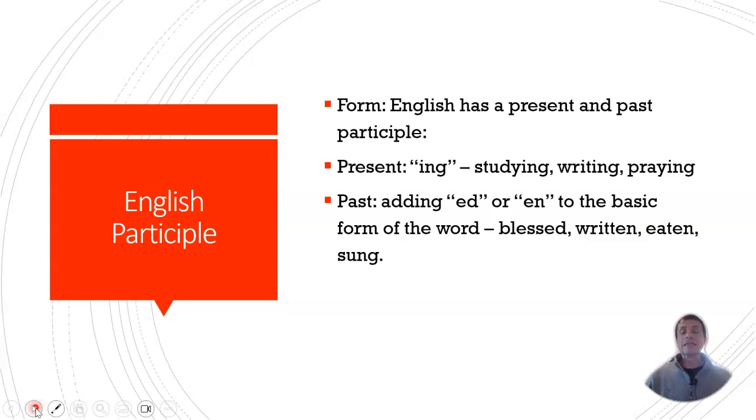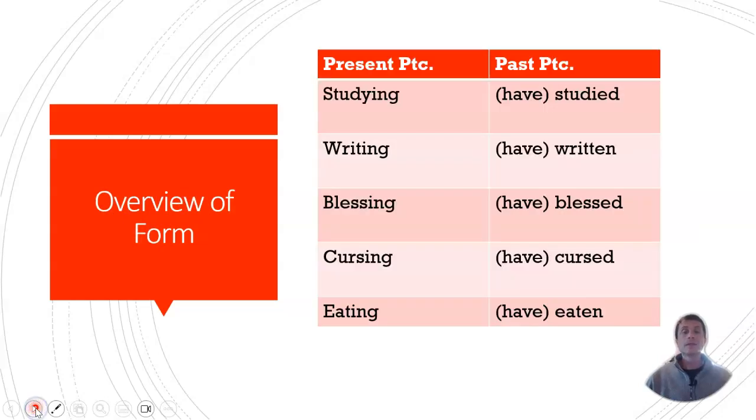Blessed, written, eaten, sung are examples of a past participle. So here's a little paradigm: studying versus the past participle, have studied. Writing, present participle; have written, that's a past participle. And you can see the rest of the examples there.